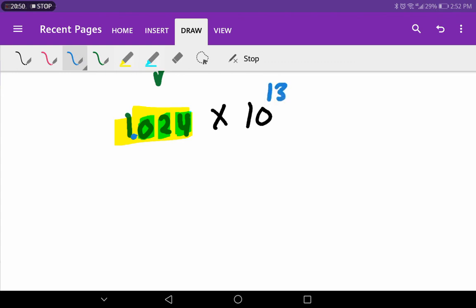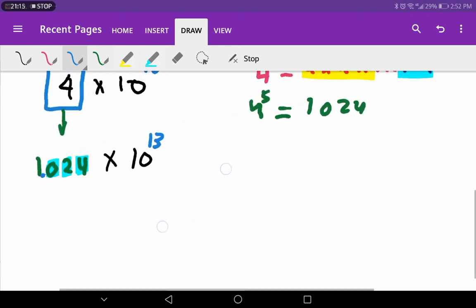Because I move the decimal point 1, 2, 3 steps, I make the number smaller, so I have to make the power bigger by 3. So this is the answer: 1.024 multiply by 10 with power 13. Okay, my dear student, let us take one more example.